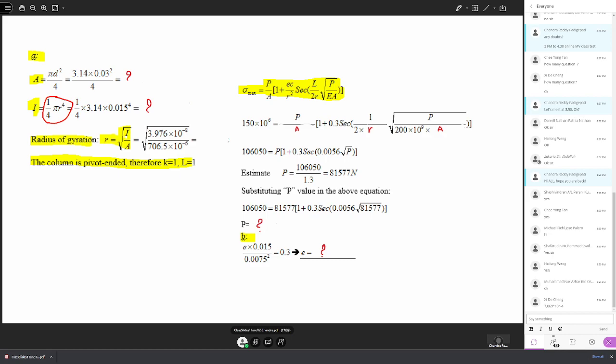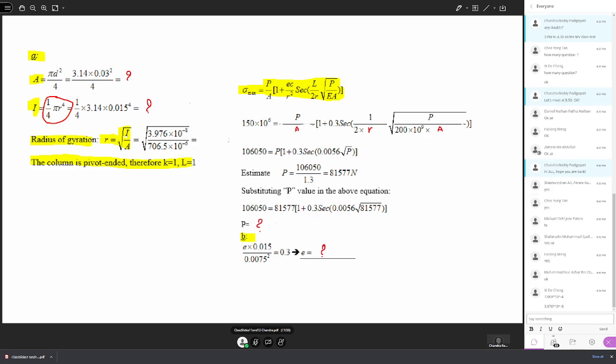You can refer to the geometric properties and look for the inertia formula. Yeah, that's correct. Then you can calculate the radius of gyration, r, which is the square root of I over A. The values are shown. You can just calculate the ratio.